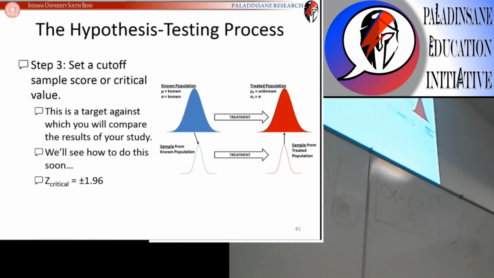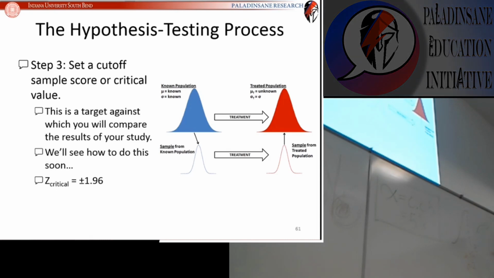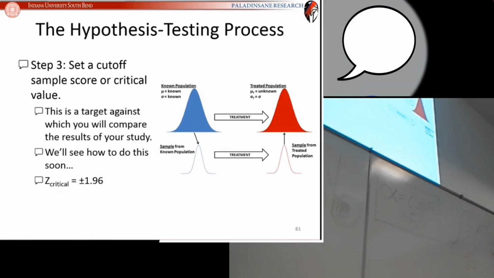Because if this is 0, right around here is plus 1.96, and right around here is minus 1.96. So these areas here are your critical zones. These red tail areas here are where the samples that come from this population exist that are so unlikely we wouldn't believe them if we got them, right?